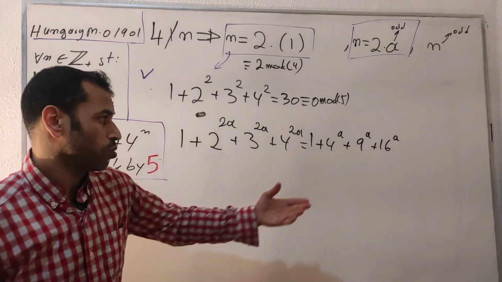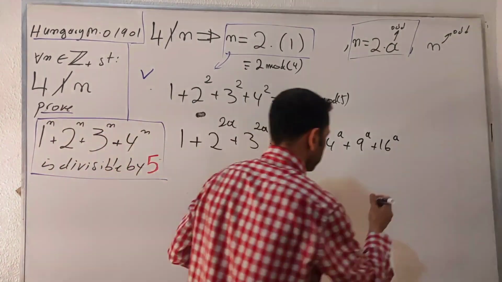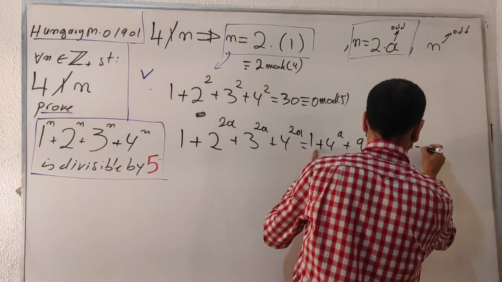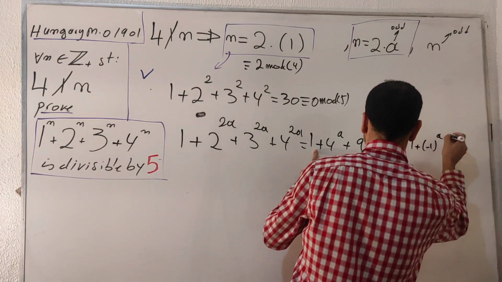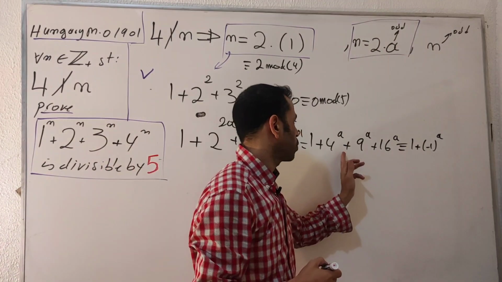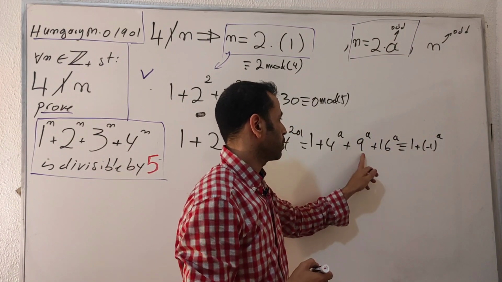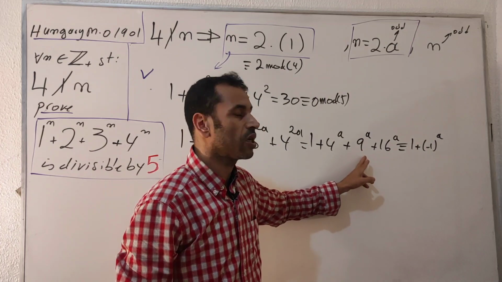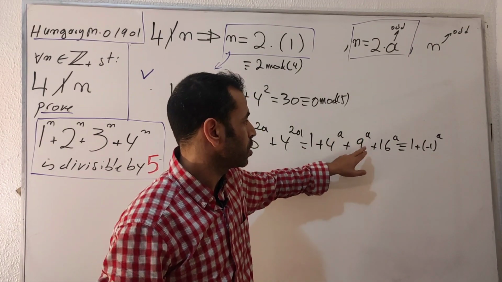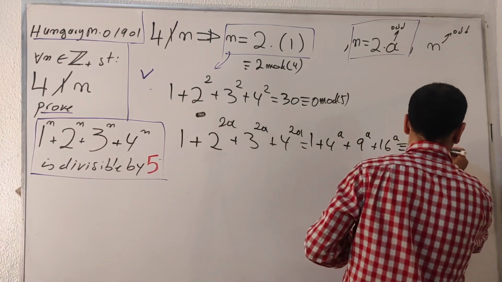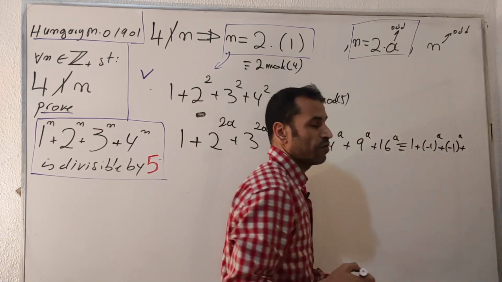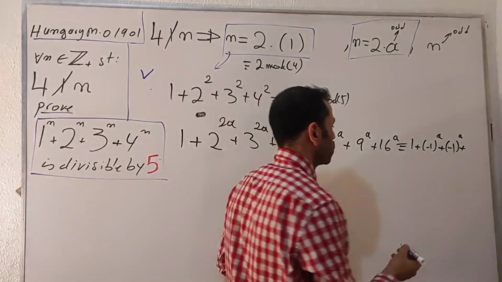Let's reduce this mod 5. This one is clearly 1. I get minus 1 to the a because 4 equals 5 minus 1. 9 is clearly negative 1 to the a because it is one less than 10, so I get minus 1 to the a. And 16 is 15 plus 1, which is 1 to the a, which is the number 1.